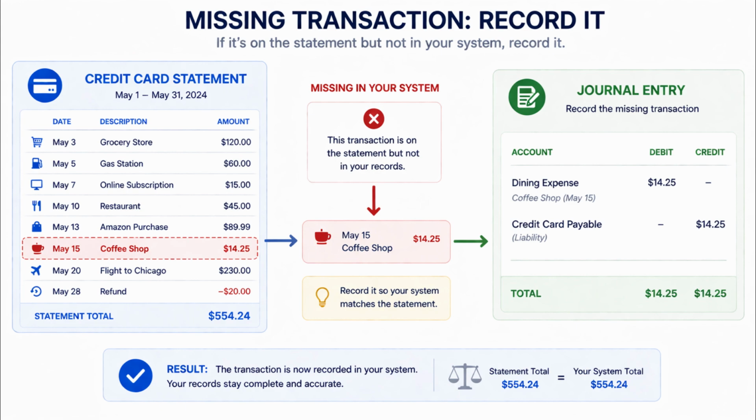If something appears on the statement but not in your system, you record it. So for example, you would debit whatever the expense account is if it was something that was not a prepaid or accrual, and then you would credit the credit card payable. And this would have the effect of increasing the balance on the credit card payable.